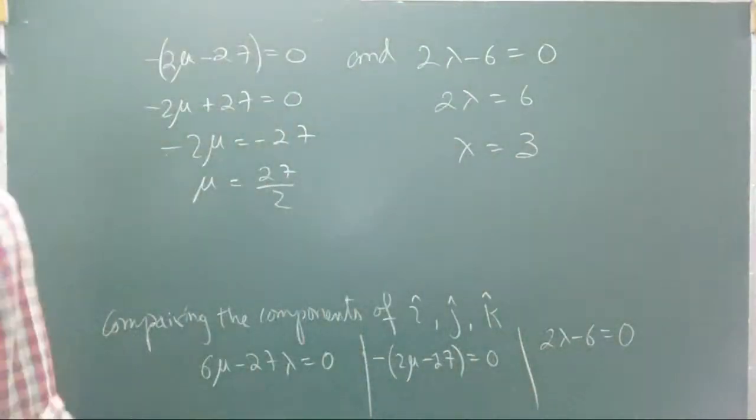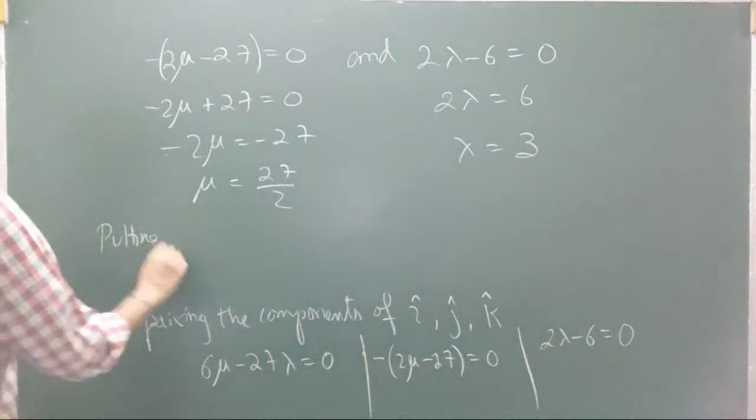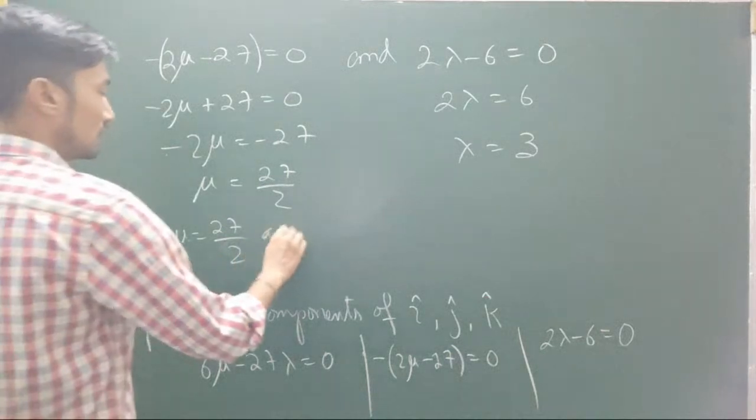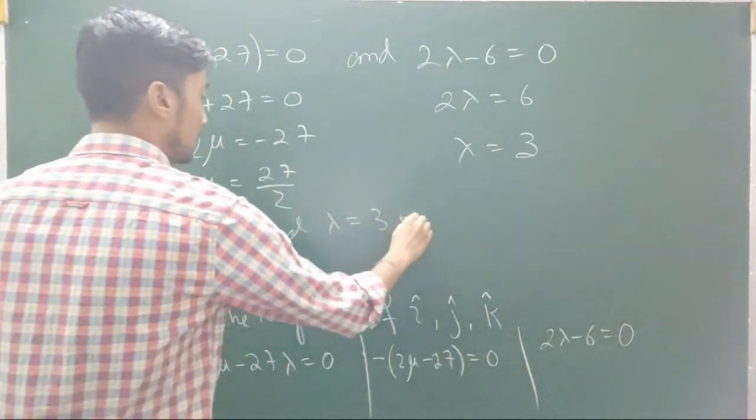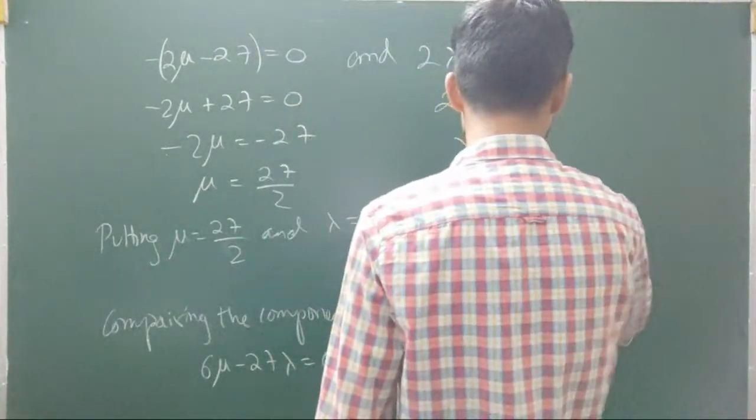You can verify your results. This is how we verify, especially in this kind of case. Put mu equal to 27 by 2 and lambda equal to 3 in 6 mu minus 27 lambda equal to 0.